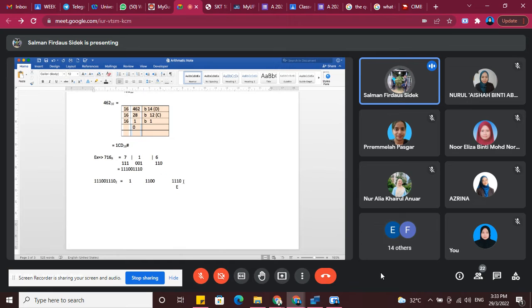Yang ni? 13, D. 13 ke 12? 12, C. Okay, this one ada satu je, tak cukup 4. Tambah je 0 0 0 0, cukupkan dia 4.